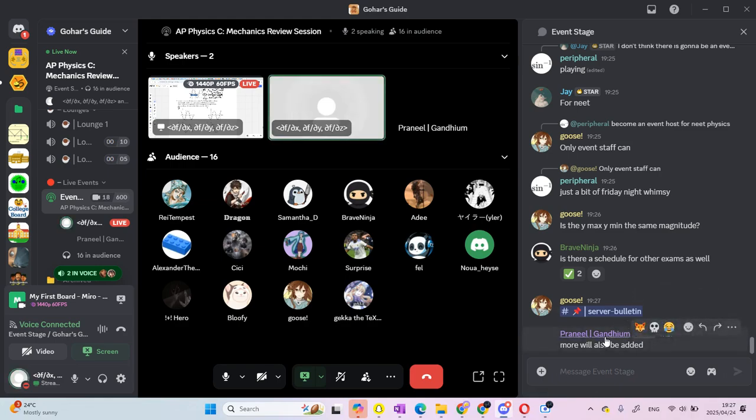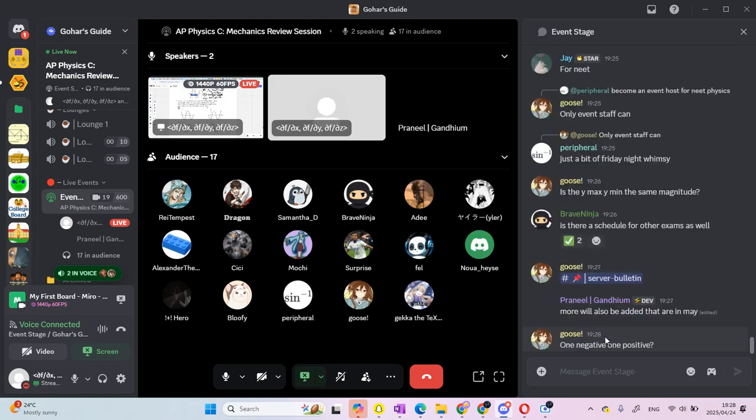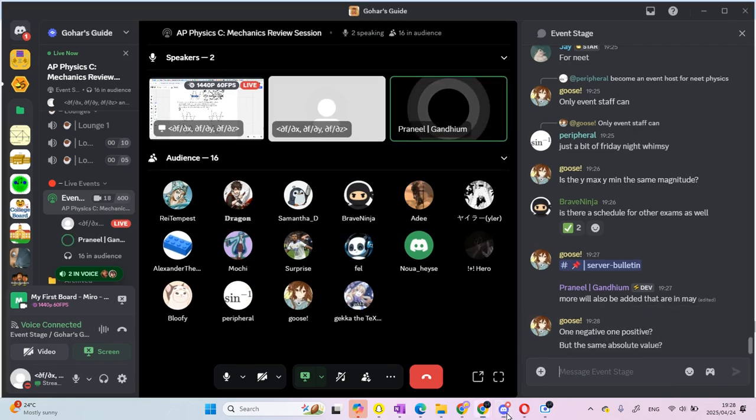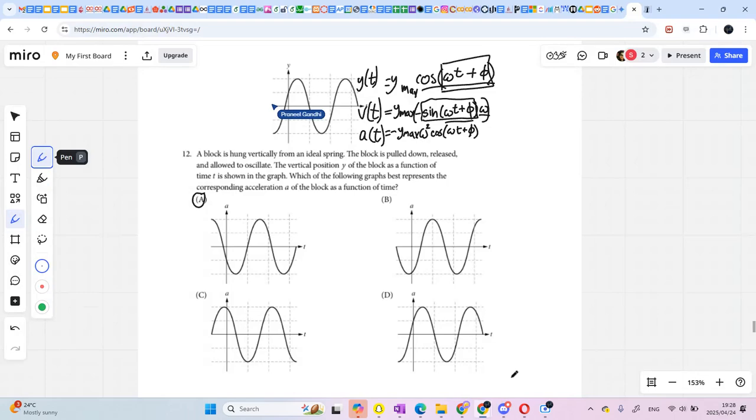So the y max and min would be different, but the graph doesn't tell us that. Yeah, so we draw the graph with the equilibrium point at 0, and so the maximum and the minimum oscillation will just be the same.